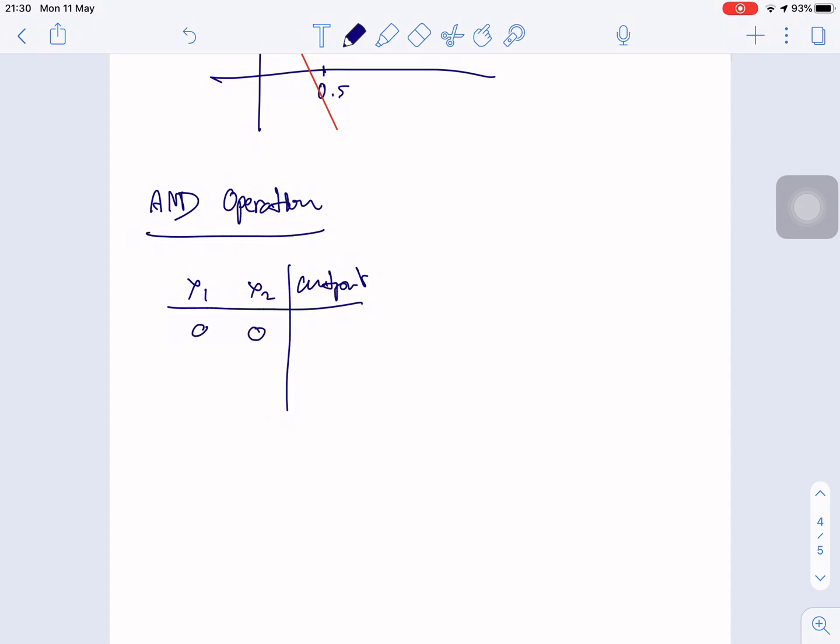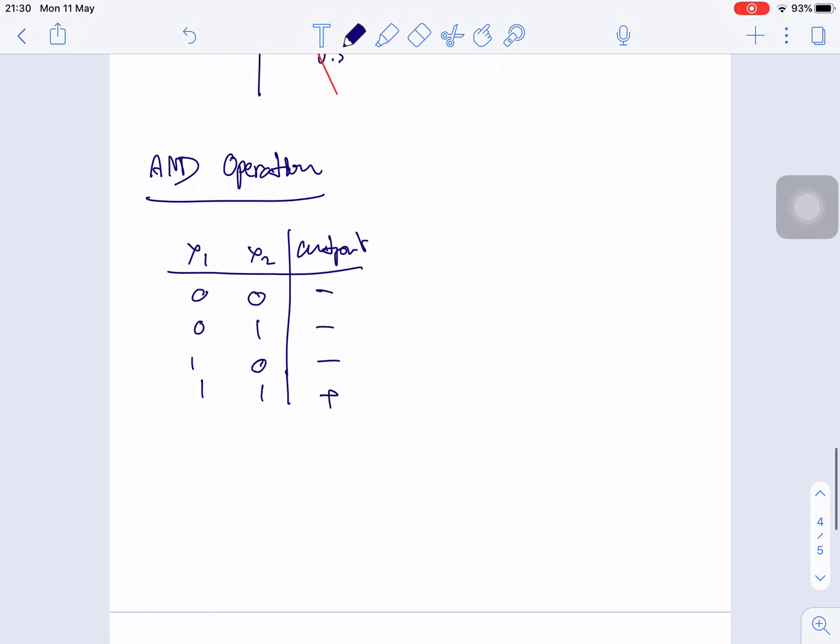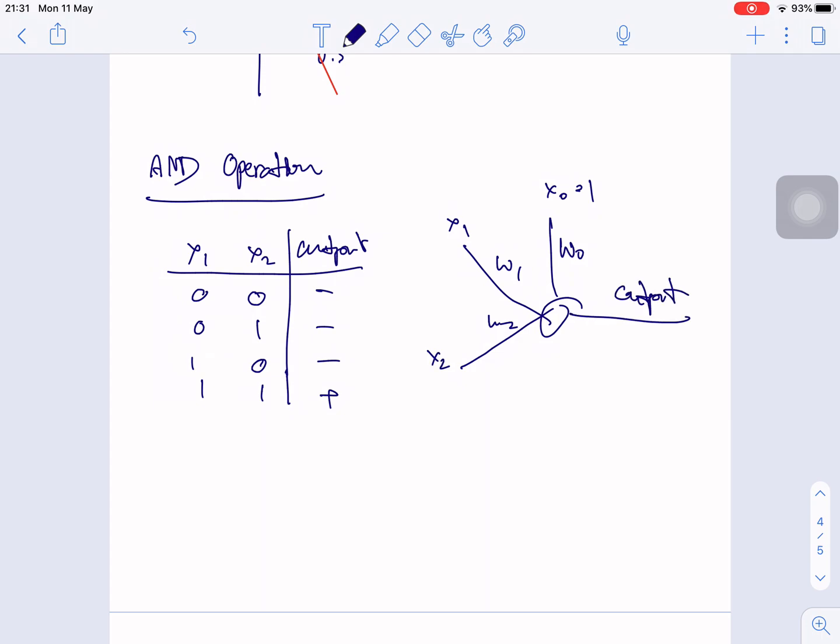So it is like this. This is negative, negative, negative, and positive class. And we have three weights, that is W0, W1, W2, X0, that is 1, X1, and X2, and output here.